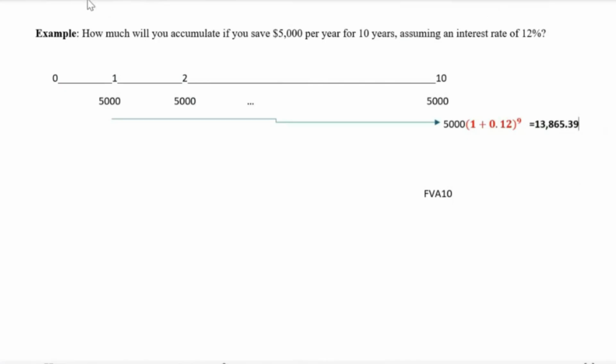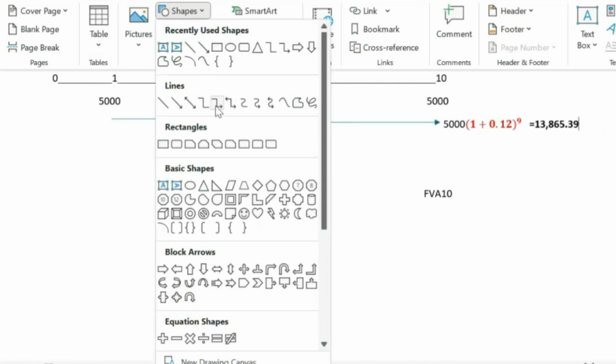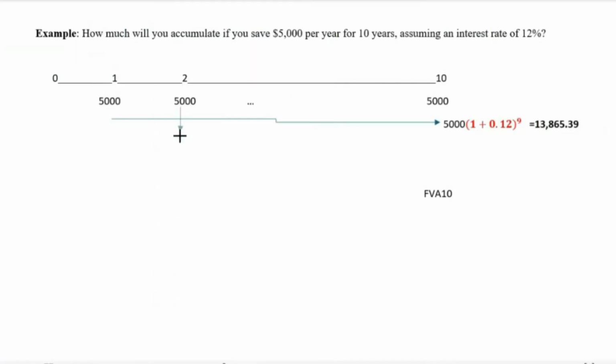So what about the second $5,000? The second $5,000 will grow to how much? It's a single cash flow future value problem.